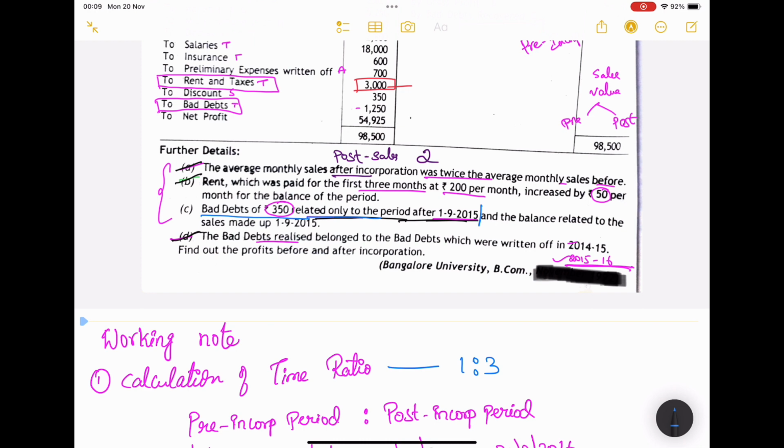Read the question: and the balance related to the sales made up to 1/9/2015.